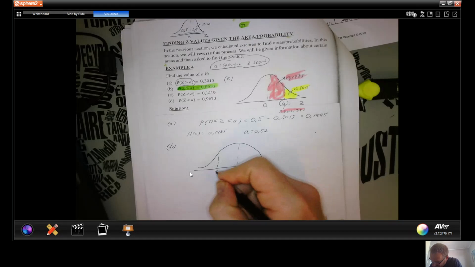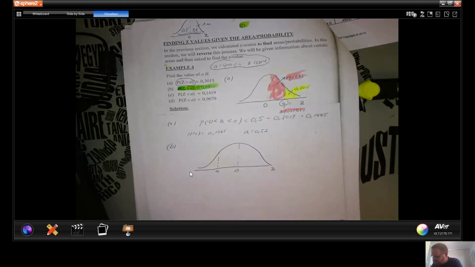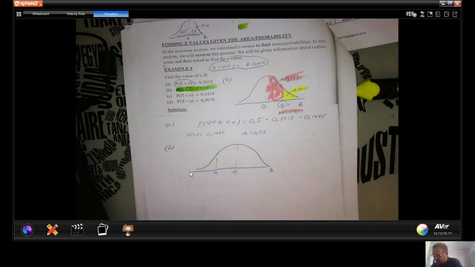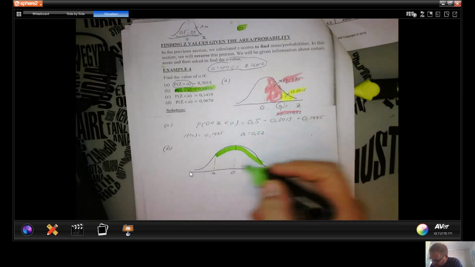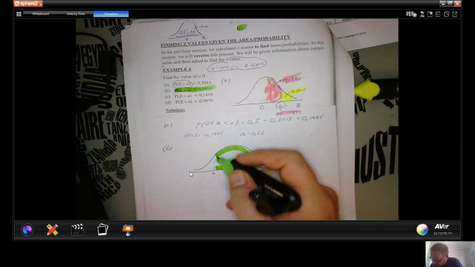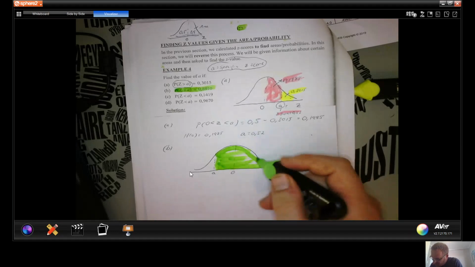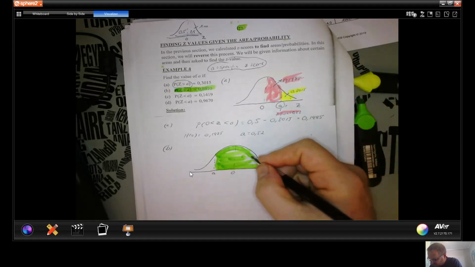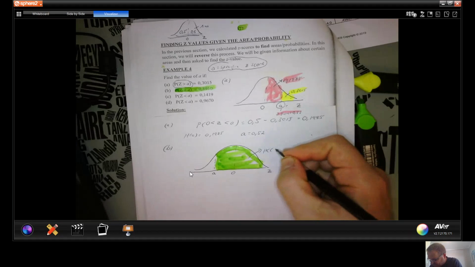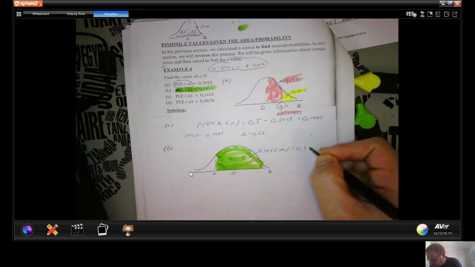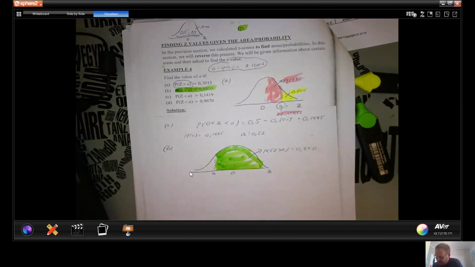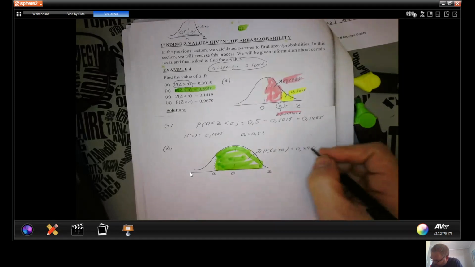The Z score of A must be somewhere there, and this area over here is going to be equal to that area in there. That is your probability that Z is greater than A is equal to 0.8910.